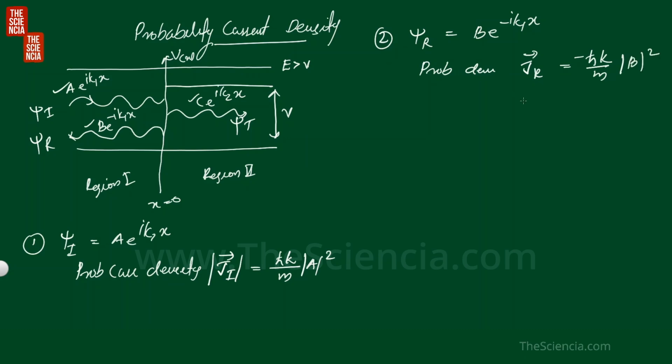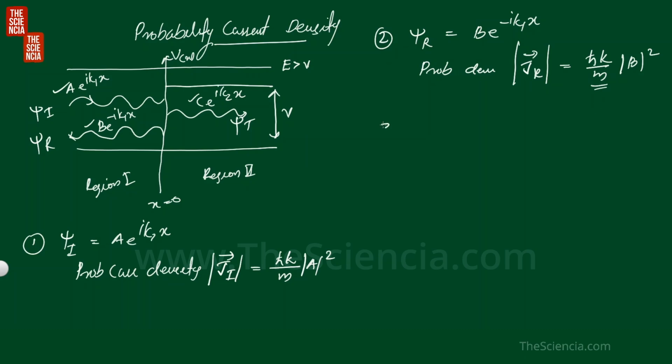But we are interested in the magnitude of the probability current density, that is modulus of Jr, so the sign is not important. The minus sign represents that the wave is traveling in the negative direction. That is why it has a negative velocity; this term represents velocity, right? But here we are interested only in its magnitude.